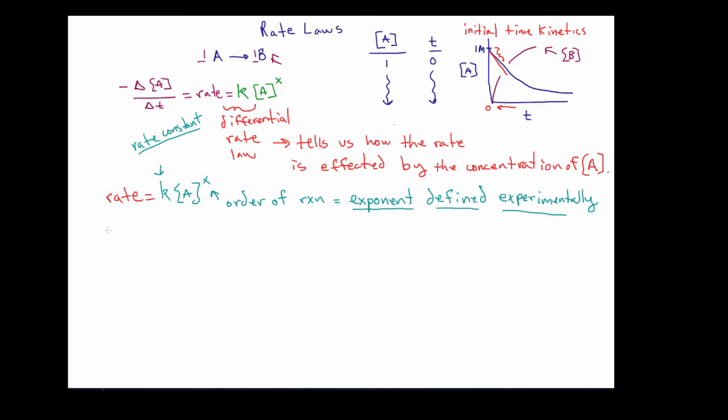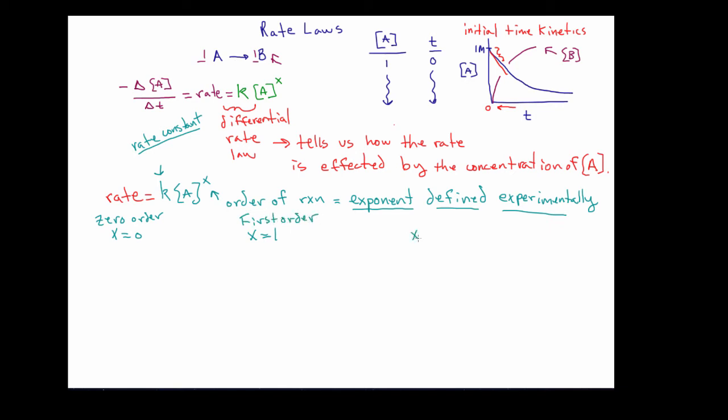But in a university level class and in advanced placement chemistry, usually this value, to keep things simple, is going to be one of three values. And I'll lay that out. x can be 0, and this would be what we call a zero order reaction. x can be equal to 1, and we would call this a first order reaction.